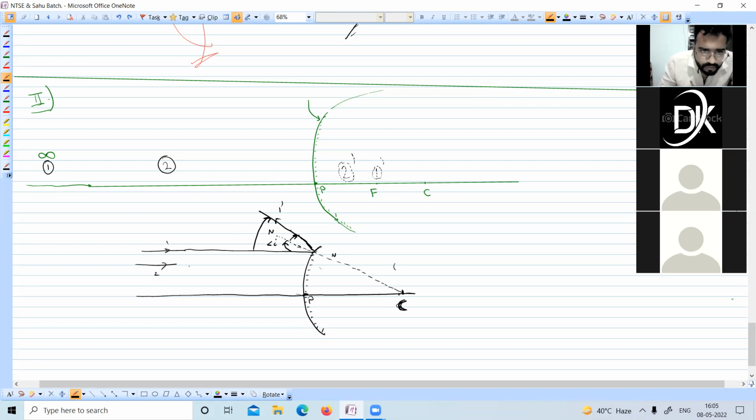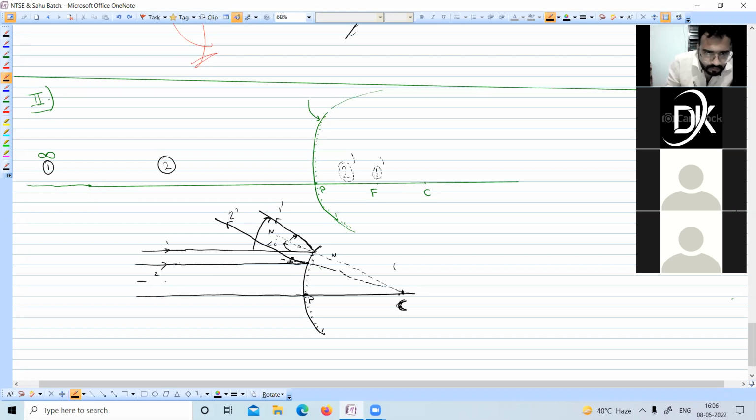Now, if I talk about the second ray, which is nearer to the principal axis, the interesting thing I found is that it has a lesser angle of incidence, as you all can see. Clear? So this would have lesser divergence because the angles have to be equal, and this is the reflected ray you are getting as 2 dash.